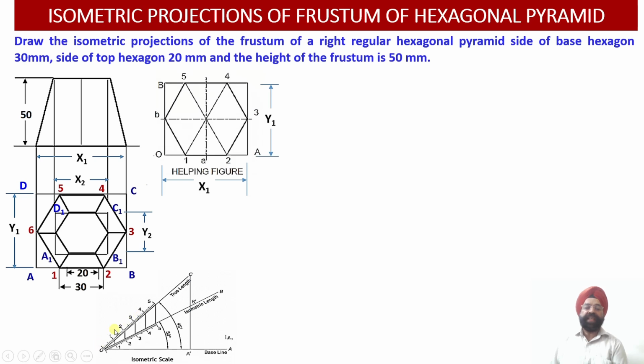Then the true length distances will be marked onto the true length scale, and perpendicular distances will be drawn, projections will be drawn onto the isometric length scale. So all the distances x1, x2, y1, y2 and all other rectilinear distances will first be transferred onto the true length, and the corresponding isometric lengths will be evaluated while drawing the isometric projection.